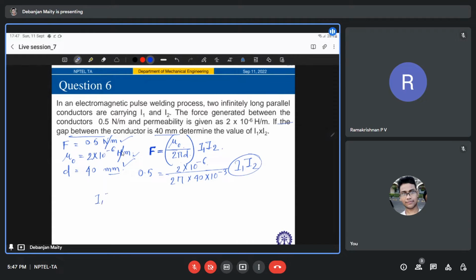So this thing you need to find out. Pi into 40 into 10 to the minus 3, divided by 2 into 10 to the minus 6. How much is it coming? Oh, it's simply 2000 pi. Am I correct?